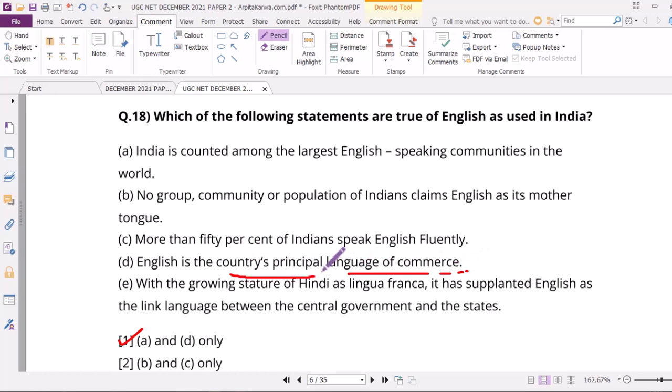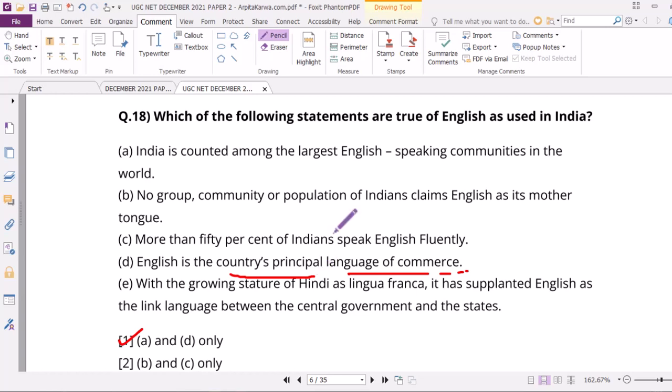I think this is something that, living in India, we should know. Also, India being counted amongst the largest English-speaking communities in the world comes as no surprise, because with the population of almost 1.2 billion, about to be 1.3 billion, even if a percentage of our country speaks English, that means it's quite a huge number.